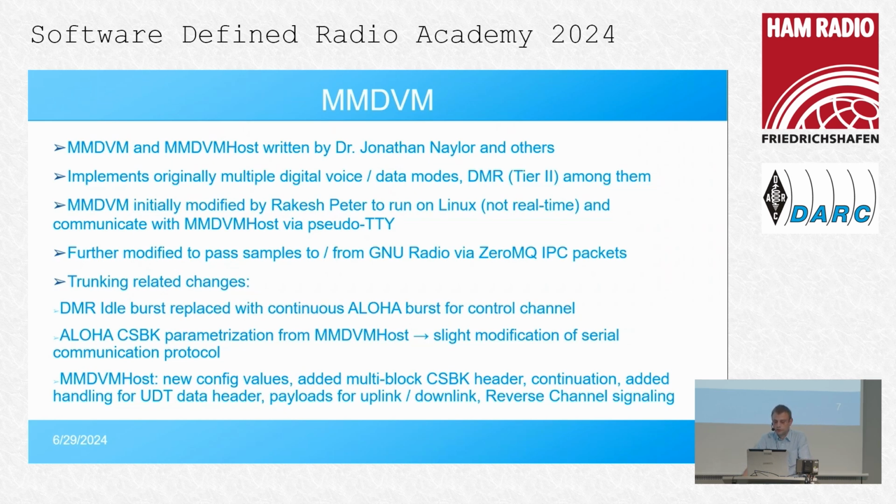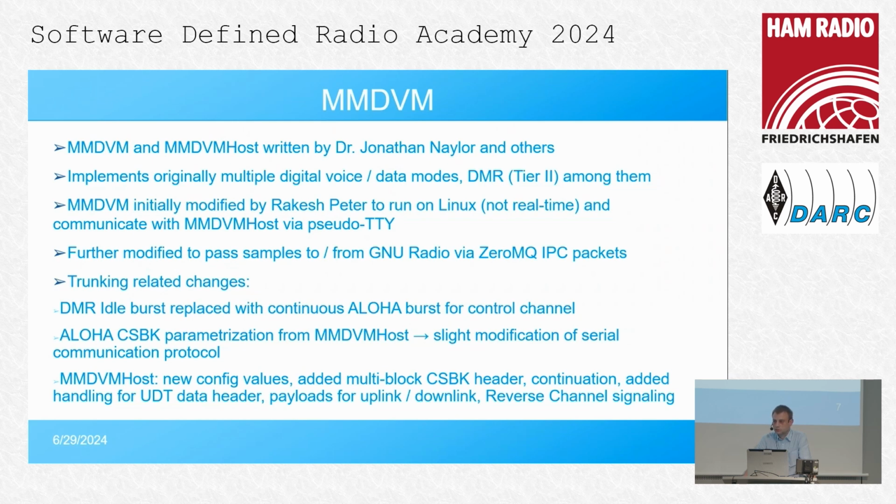Also some minor modifications to MMDVM host to introduce some processing for control signaling blocks, the multi-block format with header and continuation, and also some handling for UDT data messages, which are standardized in the Tier 3 standard.